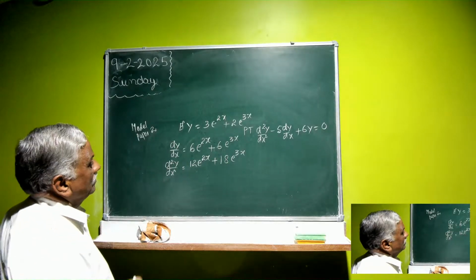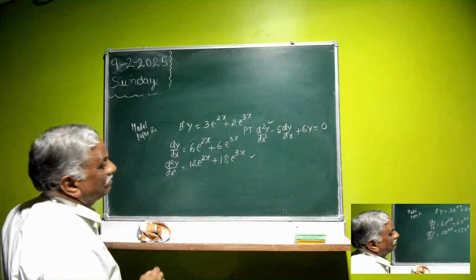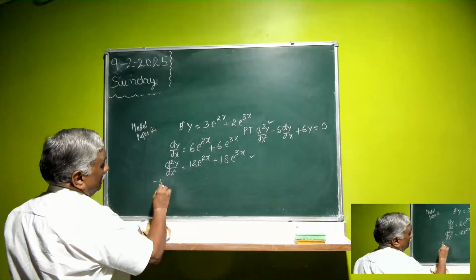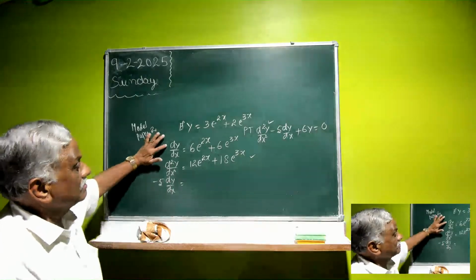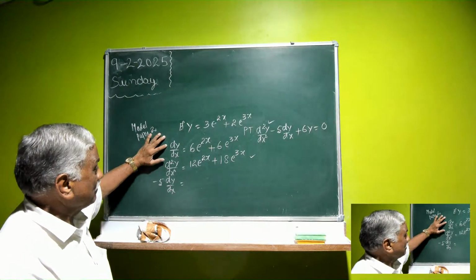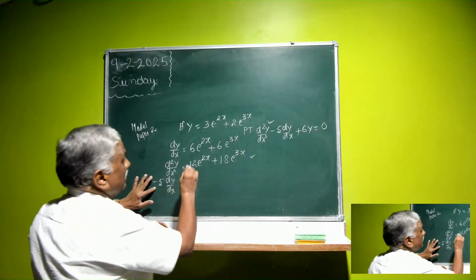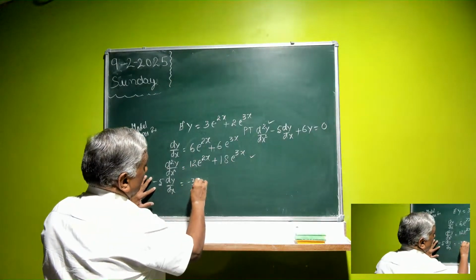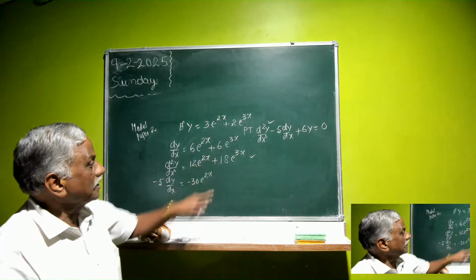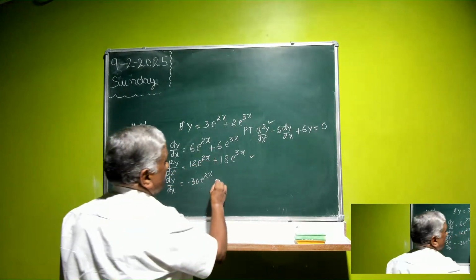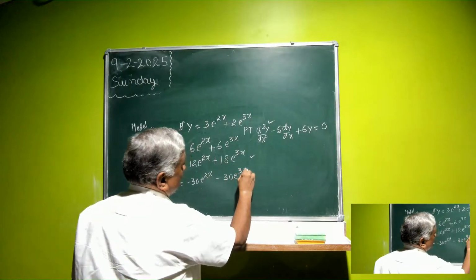Now, we have to prove this. So we can keep this as it is. We will take minus 5 dy by dx, so dy by dx is here. We have to multiply by minus 5. Minus 5 into 6 is minus 30 e power 2x, and minus 5 into 6 is again minus 30 e power 3x.